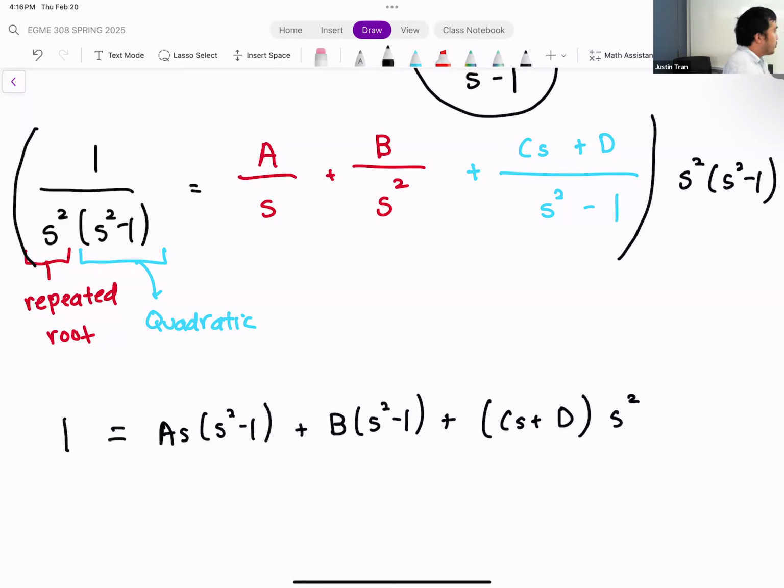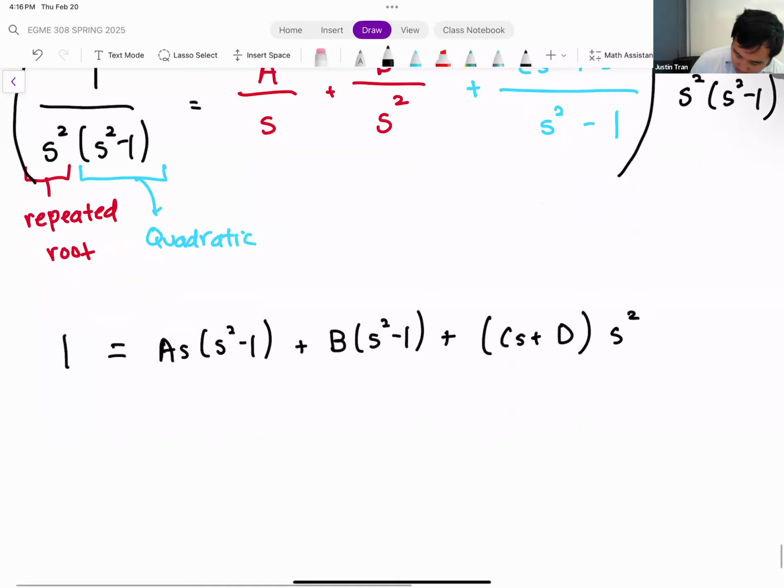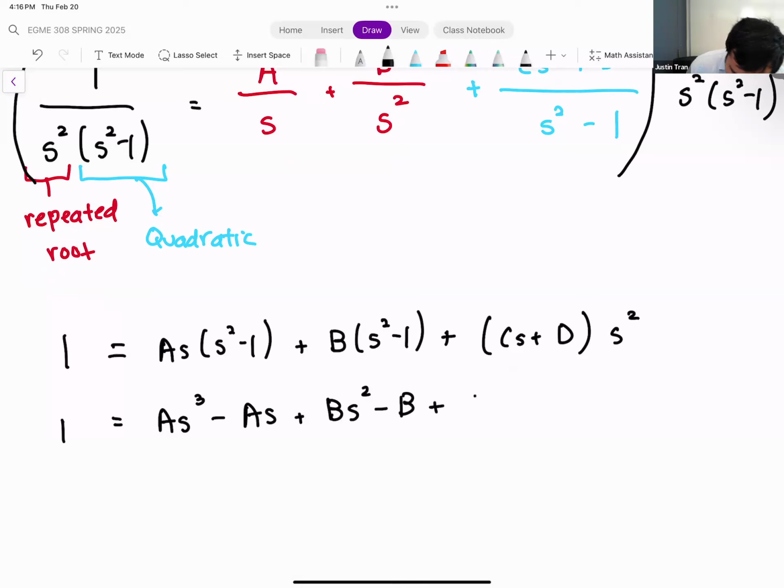Let's distribute all of those terms through, and then group the like terms together in terms of s, just like we did on Tuesday. So we have 1 equals as cubed minus as plus bs squared minus b plus cs cubed plus ds squared.